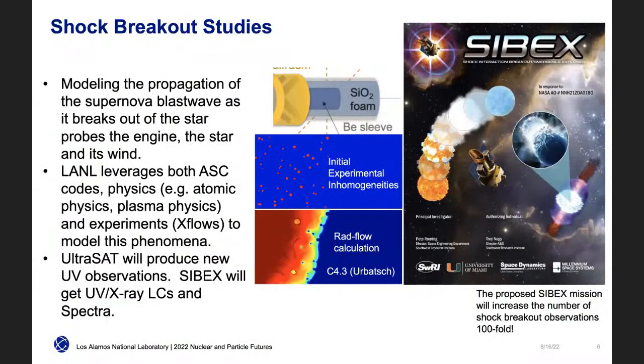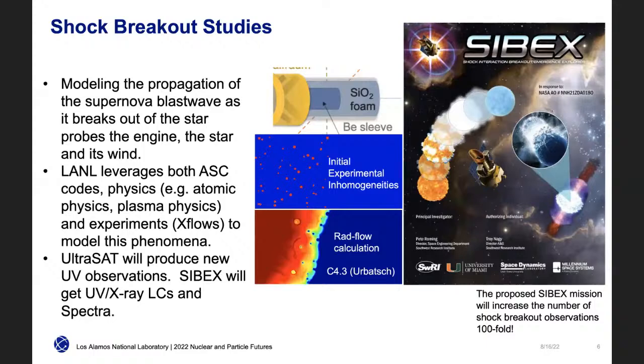This is probably the last time I get to show this slide, because on Thursday they're going to select mid-X missions, and so then I can't be happy about Psydex anymore when it doesn't get selected. But on Thursday, I think we will know what kind of missions are getting to phase A in the current mid-X round, and I suspect something exciting is going to get to the phase A stage, something with exciting potential for studying astrophysical transients.